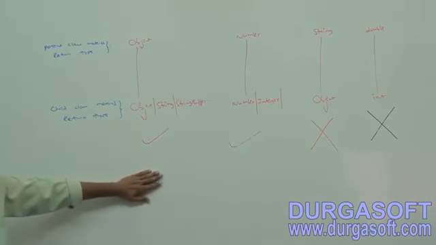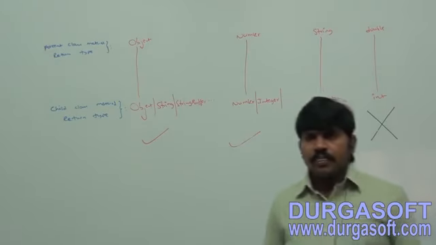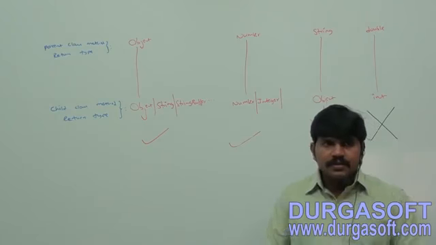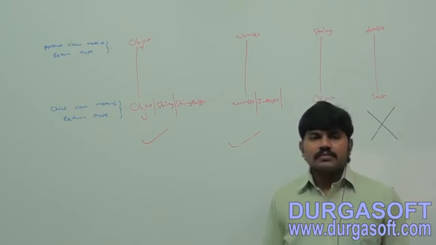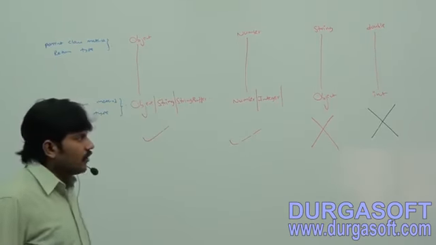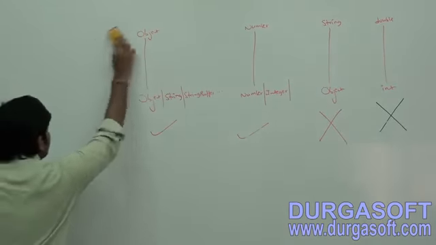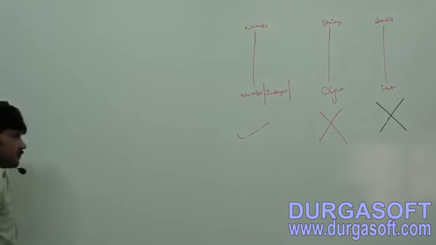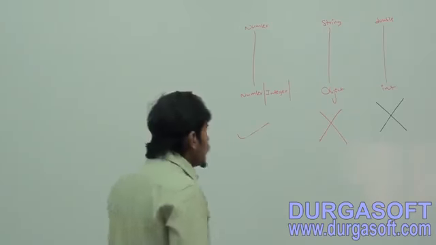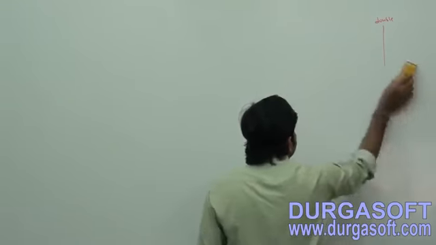Okay, here is the point, here the theory. Covariant return type concept is applicable only for object types but not for primitive types.